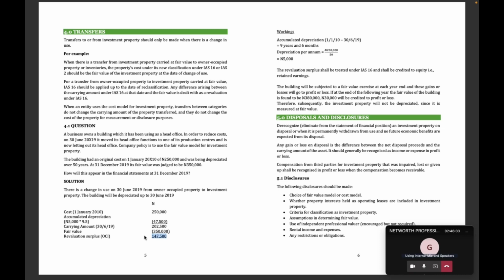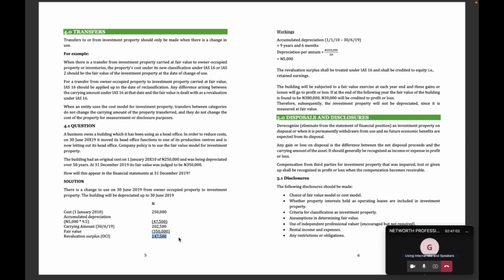At the date where this asset stopped being PPE and started being investment property, this revaluation surplus here, are we going to treat it as revaluation surplus in line with PPE, that is going to OCI, or are we going to treat it as fair value surplus in line with IAS 40 that will go to P&L?